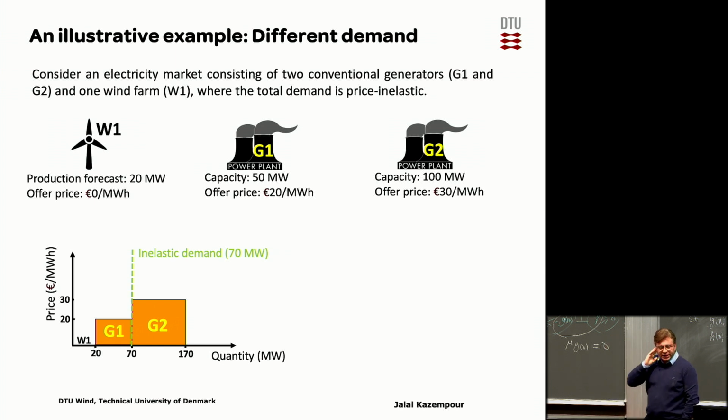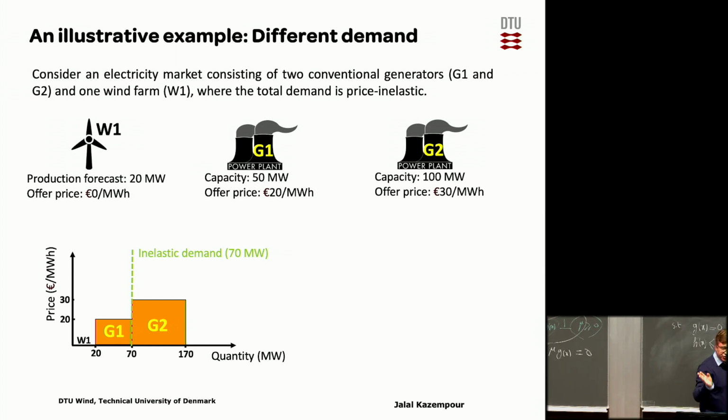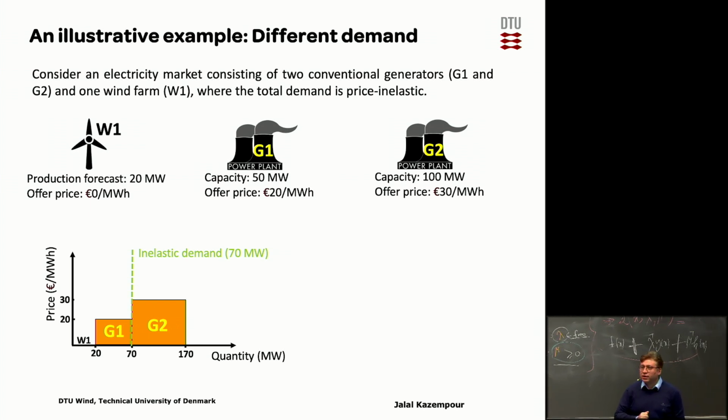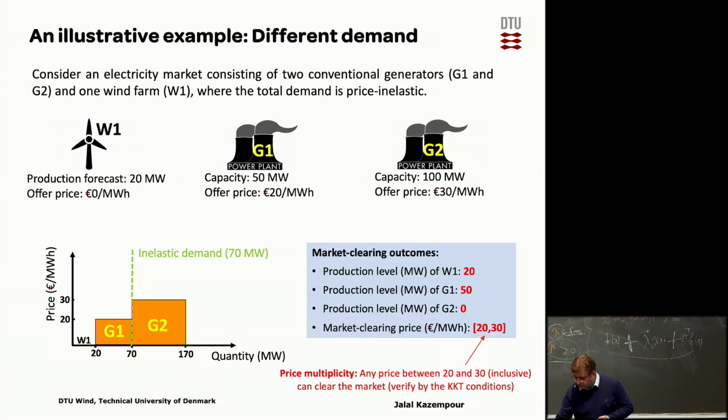So remember, we said to derive price, either increase the demand or decrease the demand. If you increase the demand, what will the price be? 30. If you decrease it, what is the price? 20. Okay, right-hand side, left-hand side sensitivities, they are not equal. It means we have price multiplicity.